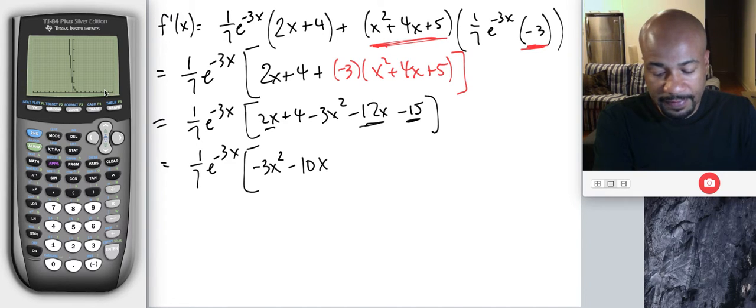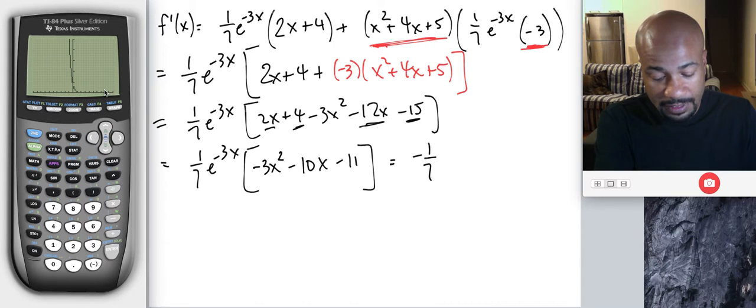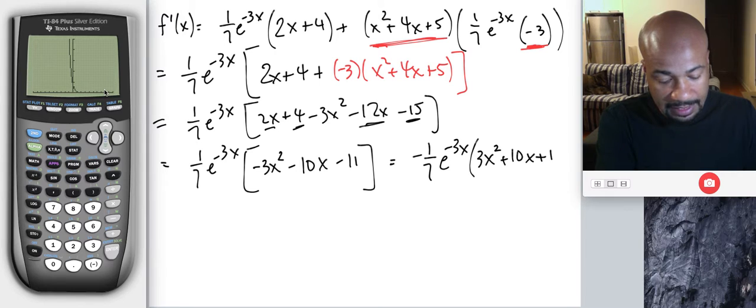I have negative 15 and 4, and that's minus 11. Because they're all negative, I'm going to pull out a negative sign. So I'll actually get negative 1/7 e to the negative 3x times the quantity 3x squared, or I'm sorry, plus 10x plus 11.